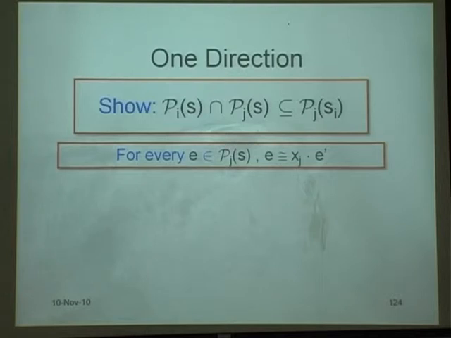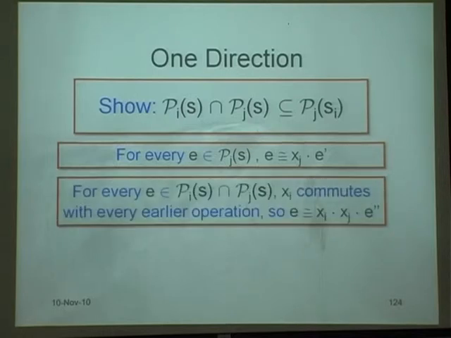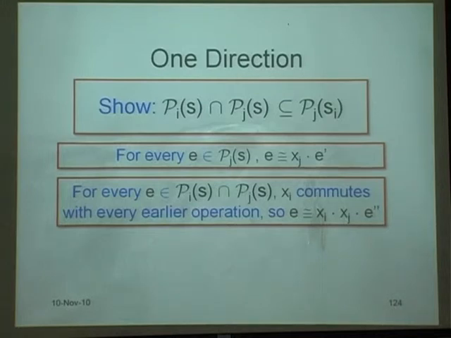For every execution, if we start out in S and let J go first, it's equivalent to one where J actually does go first. Now, for every execution in the intersection here, we know, because X sub I doesn't conflict by hypothesis, that it commutes with every earlier operation. So we can pull X sub I first.